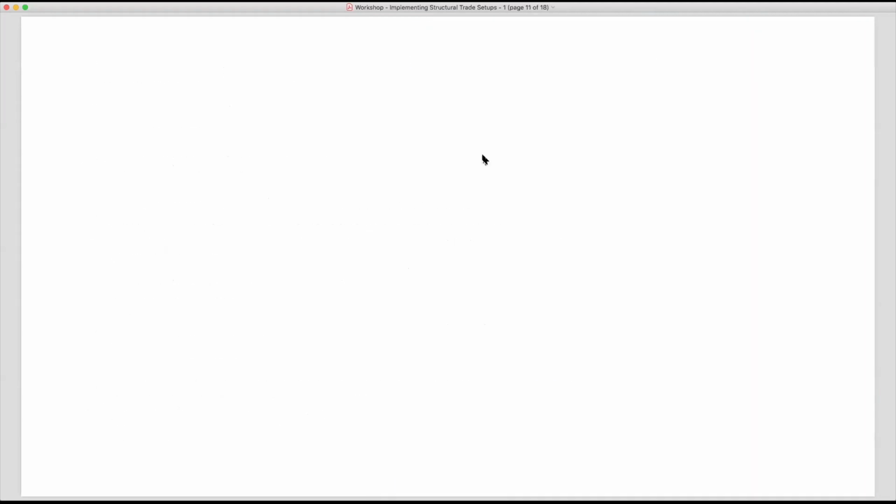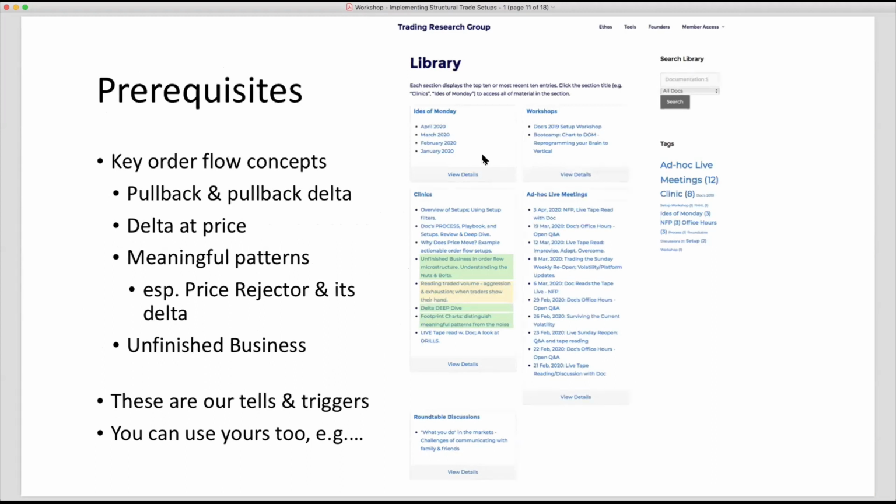Okay. So the prerequisites in order to really understand how to execute these setups. The graphic on the right for people that aren't members of Trading Research Group is our members library, which is hosted in a private area on the Trading Research Group website.